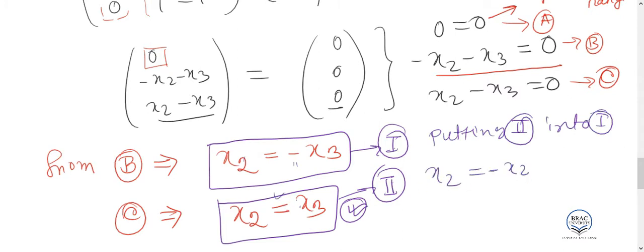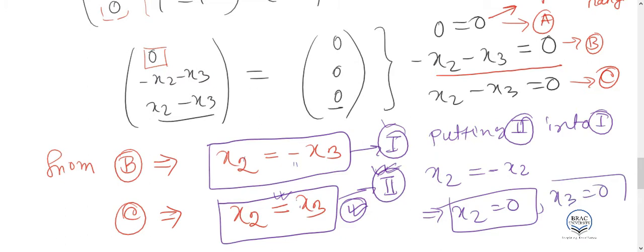Because this equation is telling you x2 and x3 are equal. And finally you can conclude x2 is 0, and then by equation 2 or by equation 1, whatever you like, but the appropriate choice is equation 2. That is, when you have x2 equals 0, you can also see that x3 is also 0. So we have all the information that we needed.